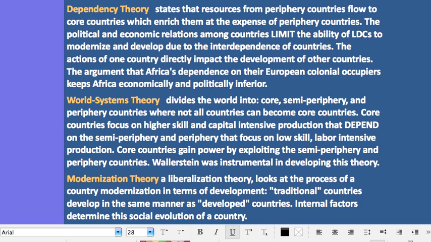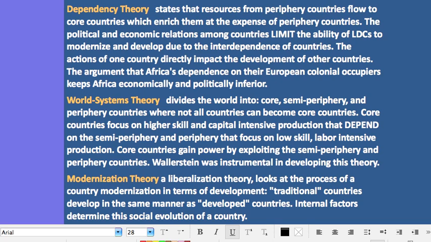This is world system analysis, which is what we've been looking at, that the world is divided into three different developmental levels of core, semi-periphery, and periphery. This is Immanuel Wallerstein's world system theory, or world system analysis. Not all countries can become core countries.